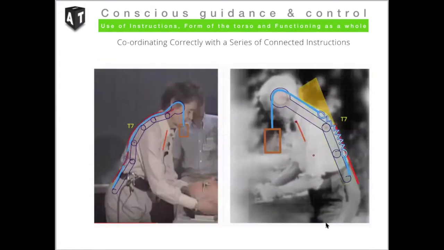When you see Alexander, for example, leaning forward with his body in standing, you can see a simplicity. Something very clear is that there is a back that is really flat as a board from the sacrum to T7. And you see that from there, you could say that the head is projected forward and up.